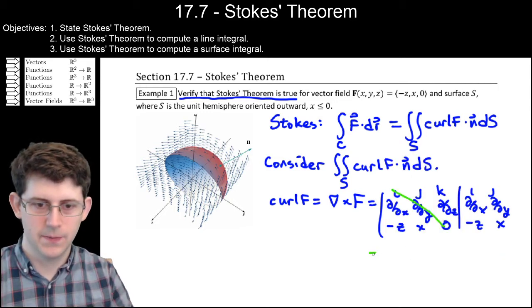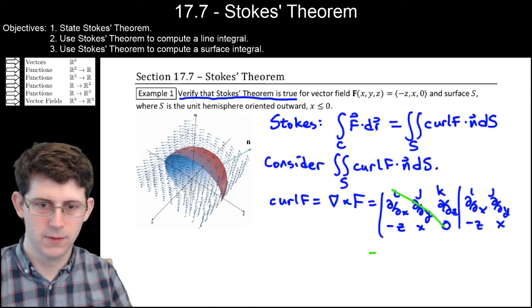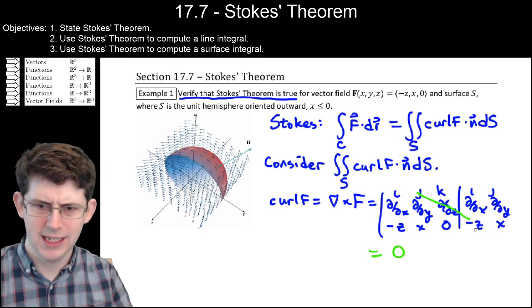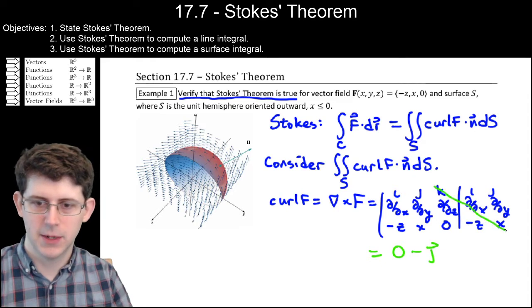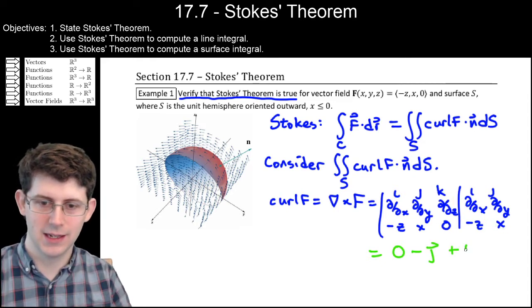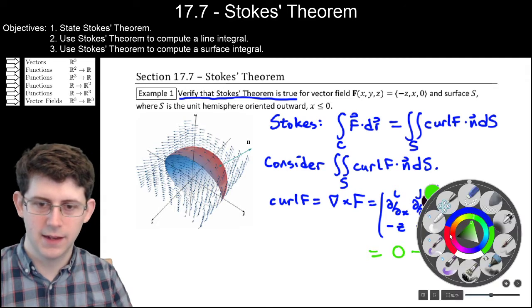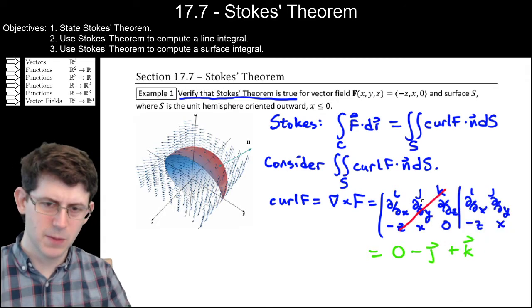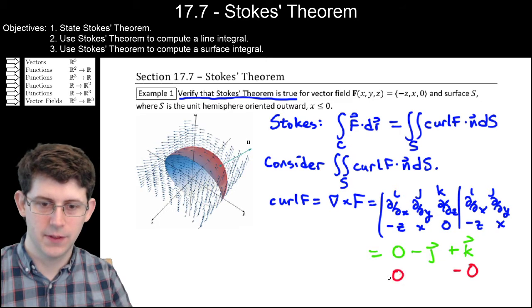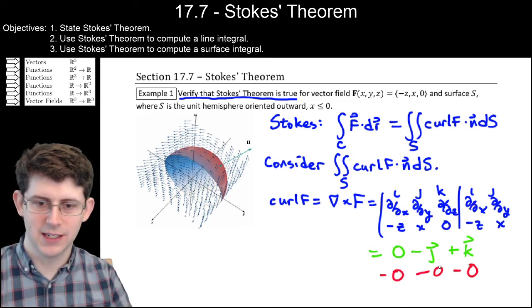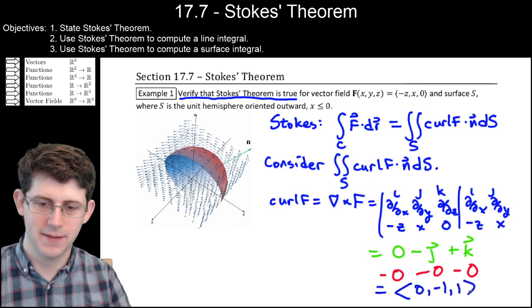I get 0. Forward, I got partial z of minus z. That's minus 1 in the j component. Partial x of x is plus 1 in the k component. And then go backwards. Partial y of minus z is 0. Partial z of x is 0. And partial x of 0 is 0. Okay, so the curl of F is 0, minus 1, 1.